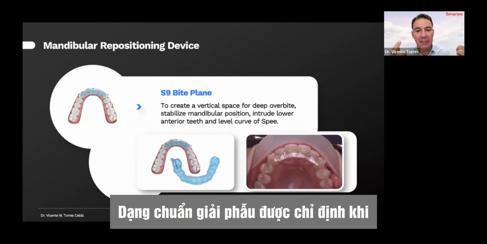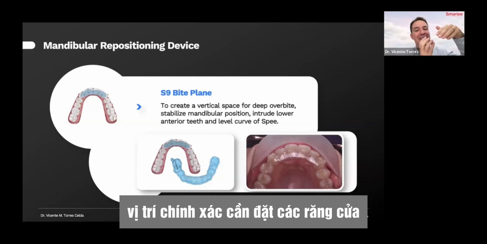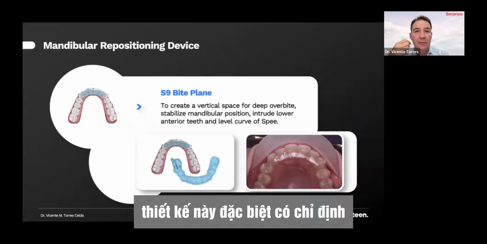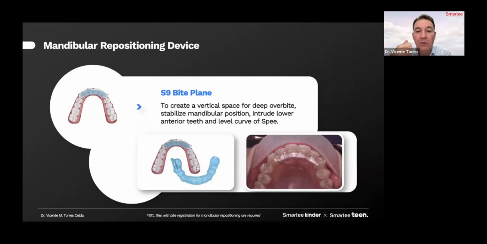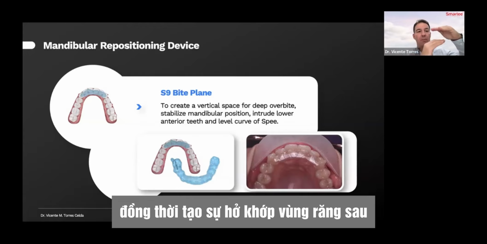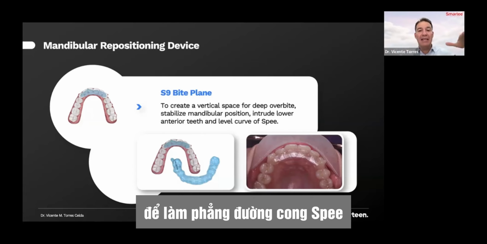Sorry, the anatomical is where, for example, you want to tell the technician exactly where to put the incisors, so in the bite plane, you have the position for the incisors. It's indicated in brachyfacial patterns, of course with deep overbite, and it can help with the intrusion of the anterior teeth, and of course you have this posterior disocclusion, this posterior open bite, so it helps us with the extrusion in the posterior area, and with this we can level the curve of Spee.